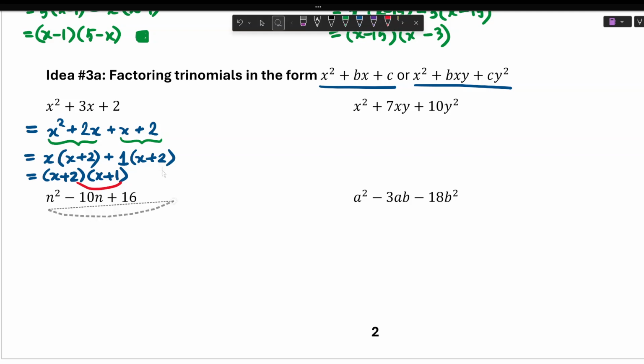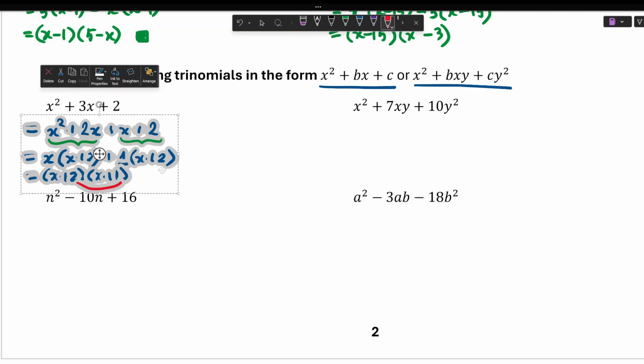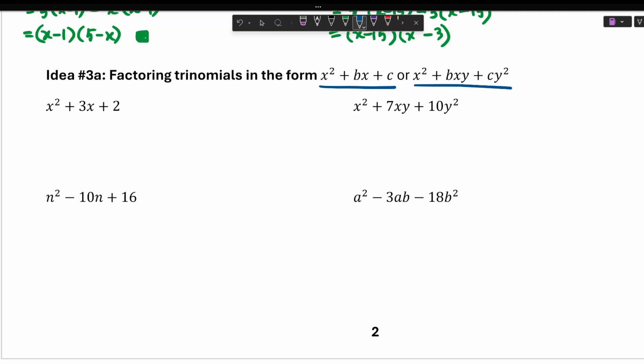So here's another way, which is basically guess and check. We know it's going to be two factors like this. We know that x squared is probably going to be x times x, so we're going to put that here. And we know that 2 is going to be 2 times 1, so let's say 2 times 1 like this.